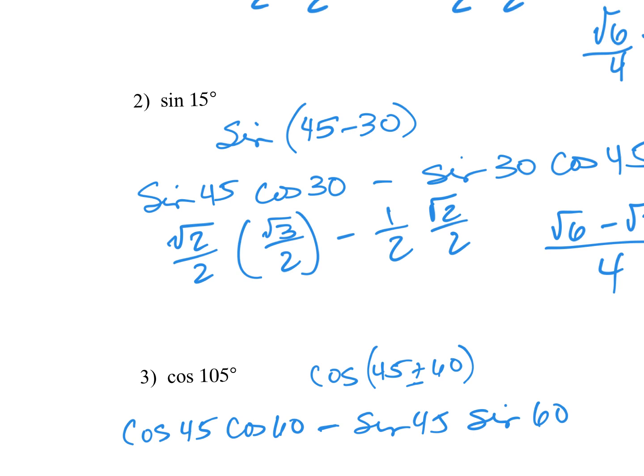And the cosine of 45 is root 2 over 2. Cosine of 60 is 1/2 minus root 2 over 2 and root 3 over 2. And that's going to be root 2 minus root 6 over 4.